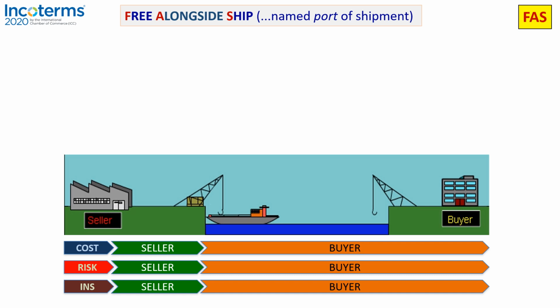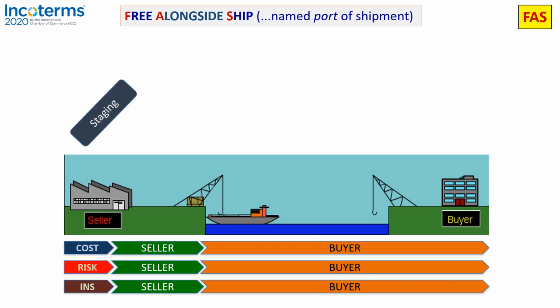The main contract of carriage is done by the buyer. They will be arranging the ship, but when they do that, they also include that the ship should have the facility to load the cargo, or they would arrange additional stevedores there to ensure that the cargo is loaded. The responsibility of the seller is only to deliver the cargo at an agreed place in that particular port or terminal.